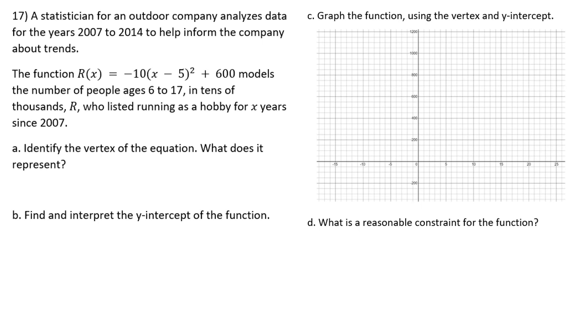Before we continue with the problem, let's make sure we understand what does r of x mean in the story and what does x mean in the story. So r of x, which is essentially referring to our y value in this problem, is referring to the number of people ages 6 to 17 in tens of thousands who listed running as a hobby.